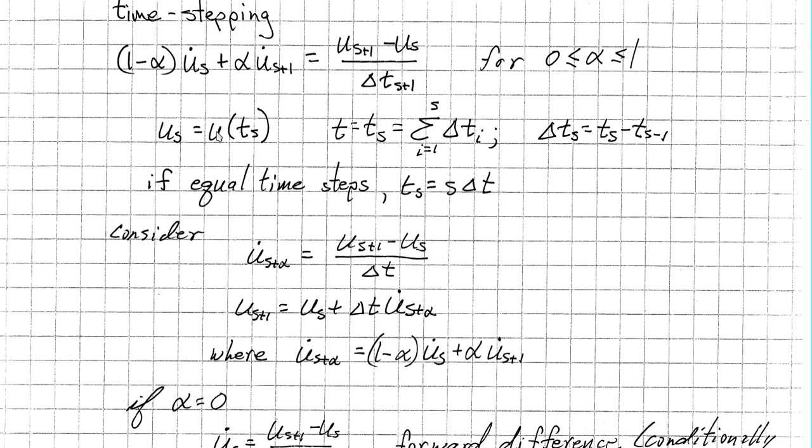So we're defining u_s as my displacement at the time step s. So t_s is going to be a summation of these discrete increments. So delta t is basically the difference between the current time step and the previous time step. So you sum all these up and that gives you the current time. If it's equal time steps, it's just the number of time steps times delta t. This is just the more general form.